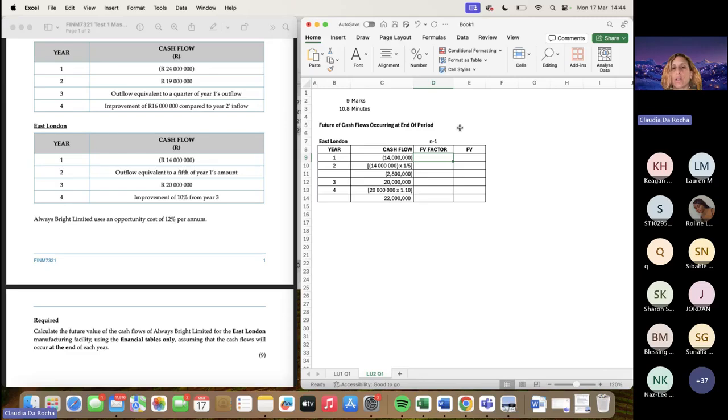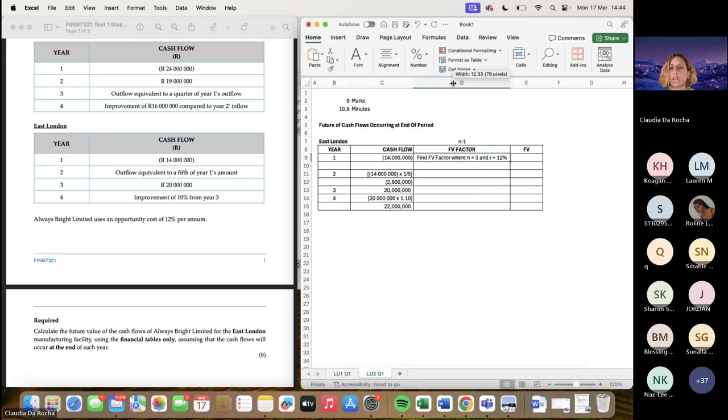Okay, so I'm going to write that down here. Okay, so I'm finding my future value where n is 3 and r is 12.